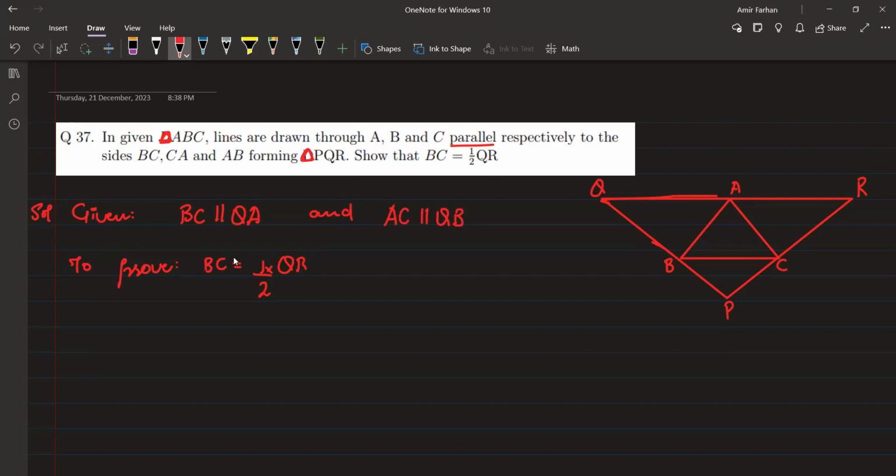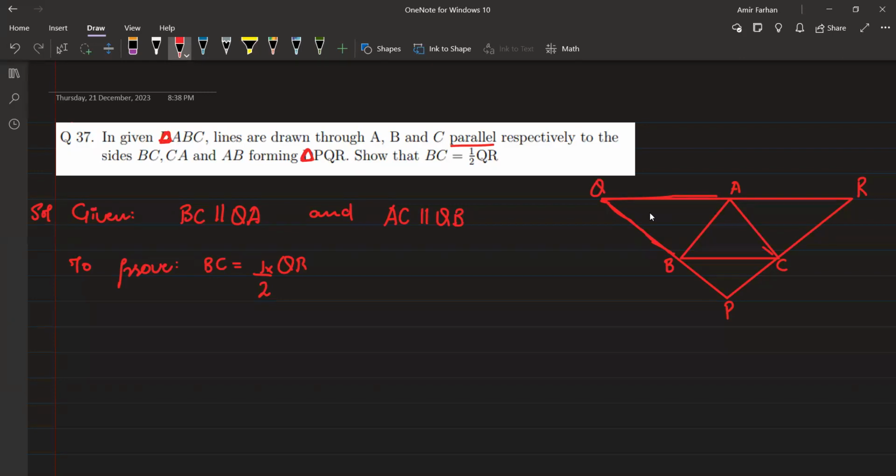So if opposite pairs of sides of a quadrilateral, suppose assume this quadrilateral ACBQ, are parallel, it means that it's a parallelogram. The first property of the quadrilateral chapter. How many of you remember this?